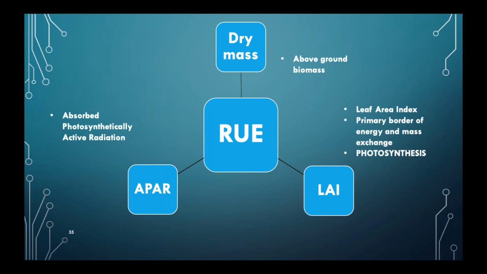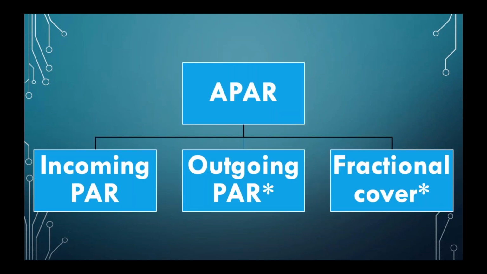And then we have our APAR, which stands for absorbed photosynthetically active radiation. So our green leaf area, our leaf area index, is absorbing PAR to build this mass. And so that's RUE. So we need those parameters to estimate RUE. We'll look at APAR real quick because it has a few other components.